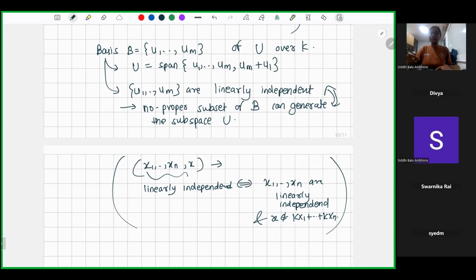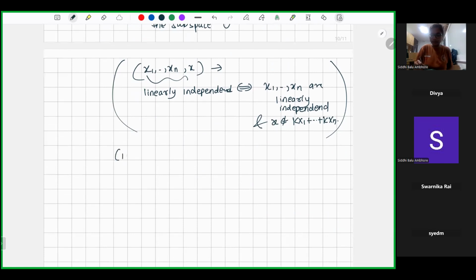But if I'm looking at this set B dash and saying that it is a basis, then it won't hold, because I can remove this element and still get my subspace U. The span of the remaining set will give me the span of U. The second way to look at it is that this is not linearly independent, because I can take 1 times u1, and so on, minus 1 times u1, and this is a non-zero linear combination which gives me 0.